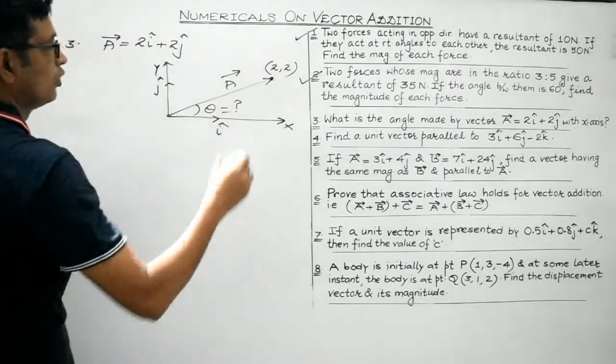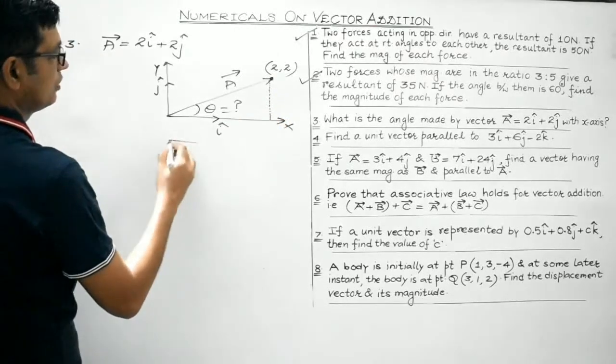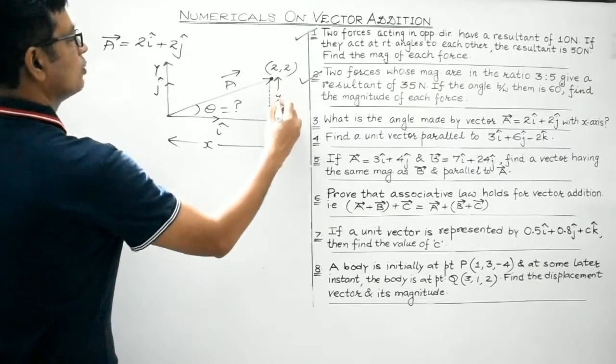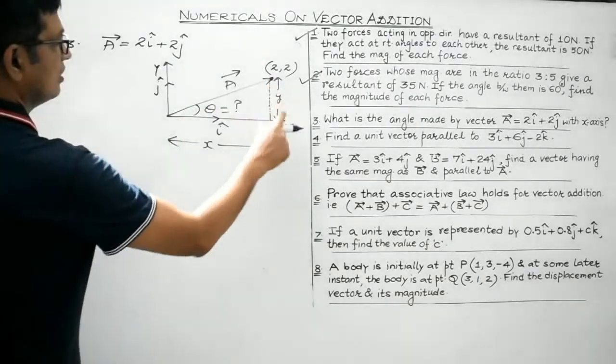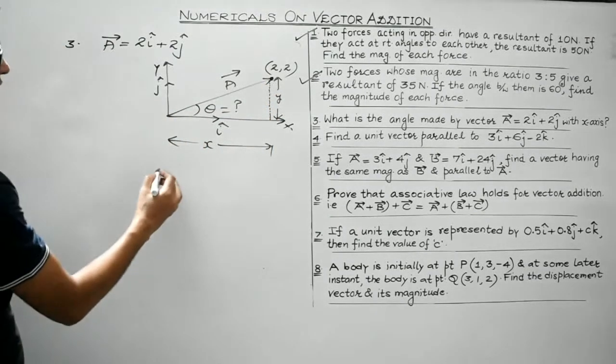Isn't it? So what to do is, if you drop a perpendicular over here and suppose this is x and let us consider this to be y. Both are 2 units. So if you consider cosine theta over here, so what do you get?